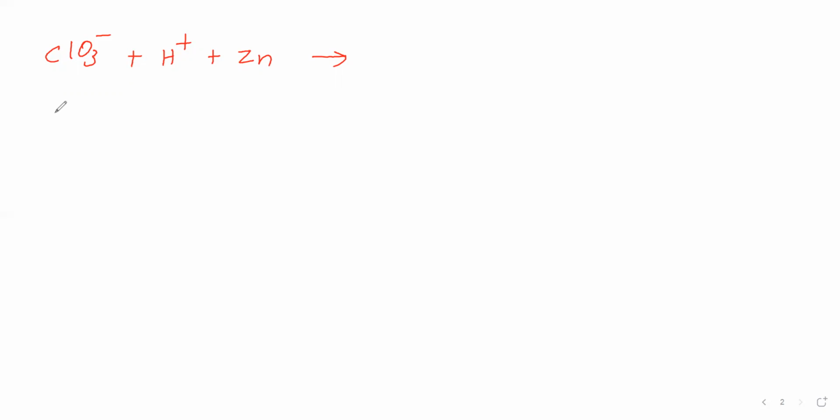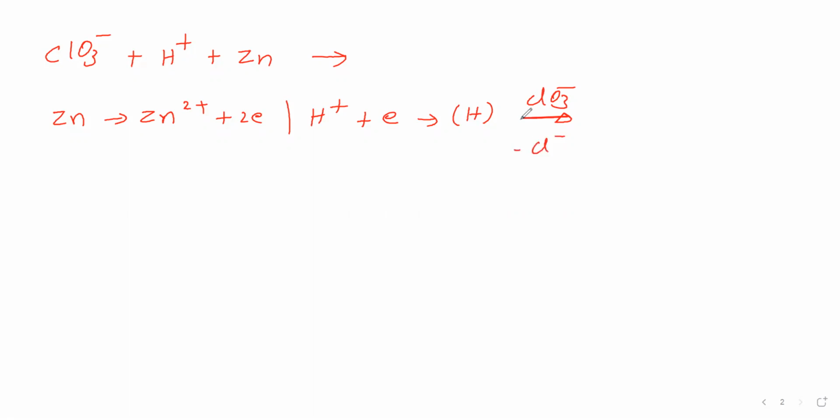Now this zinc is undergoing oxidation and gives electrons. This acidic medium H+ takes this electron and becomes nascent hydrogen. This nascent hydrogen converts chlorate into chloride and nascent hydrogen becomes H+.